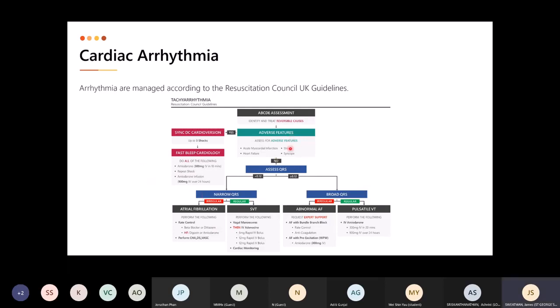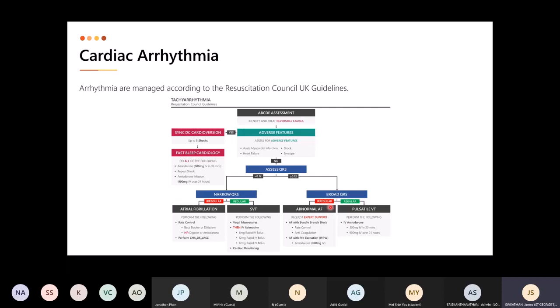If they're okay and they don't have any adverse features, then you look at the ECG. If it's a broad complex tachycardia, then you look to see whether it's irregular or regular. If it's regular, it's probably monomorphic ventricular tachycardia, and that's when you can give amiodarone.